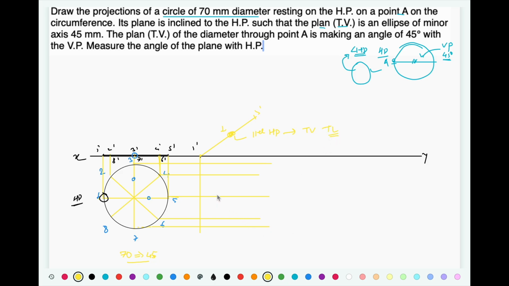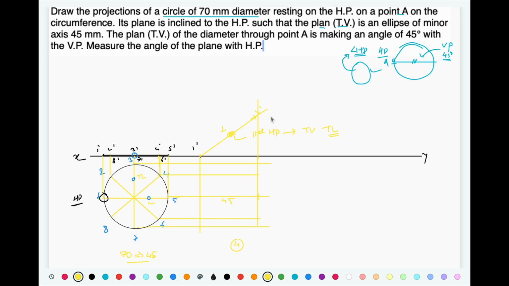So when we draw the ellipse, this vertical diameter 3.7 is going to remain true length even in step number 4, whereas the diameter 1.5 is going to be reduced. So horizontally take a distance of 45 mm and draw this vertical projector. Project this vertically upward.